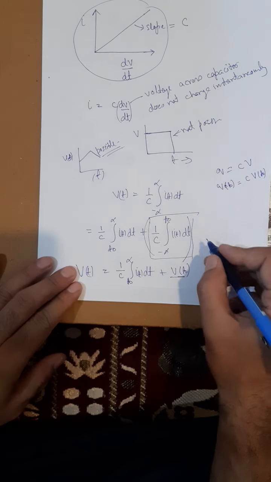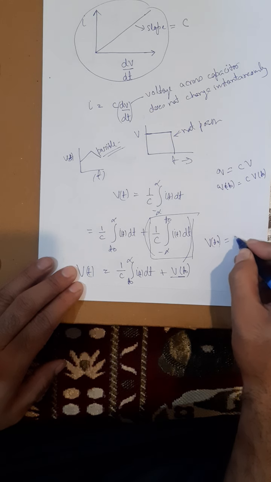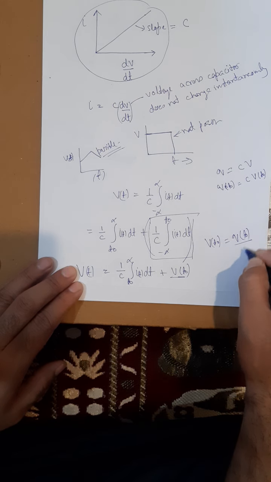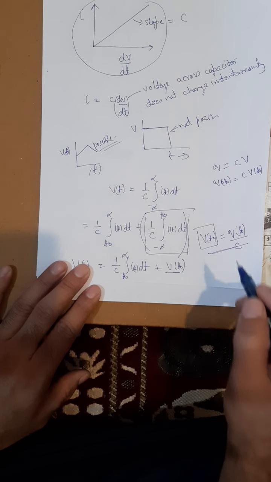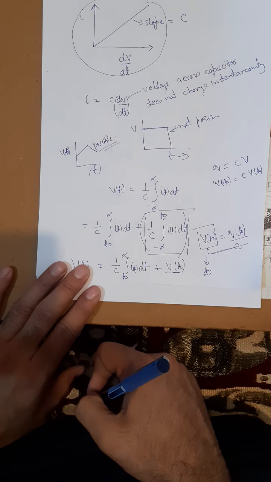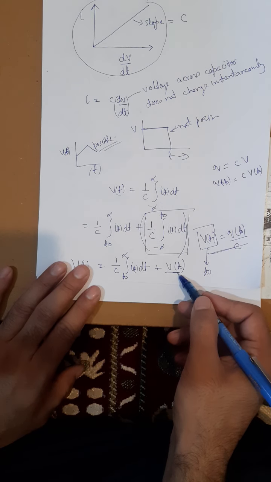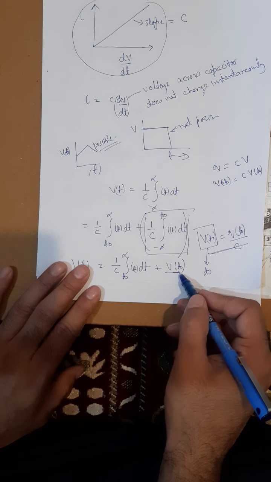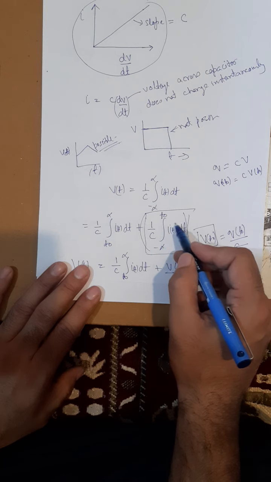So this V(t0) is equal to Q(t0)/C. This V(t0) is the voltage across the capacitor at time t = t0, and it shows the voltage across the capacitor due to the past history of the capacitor current.